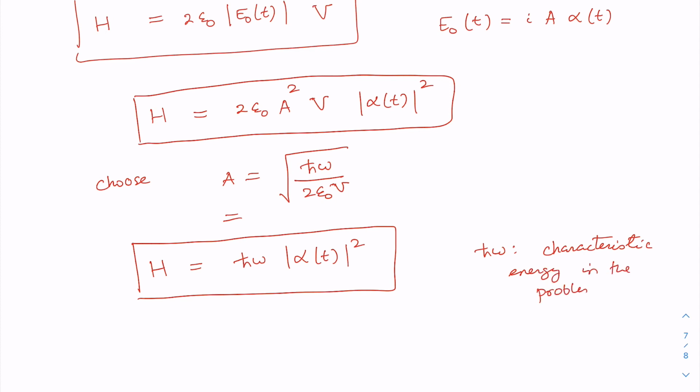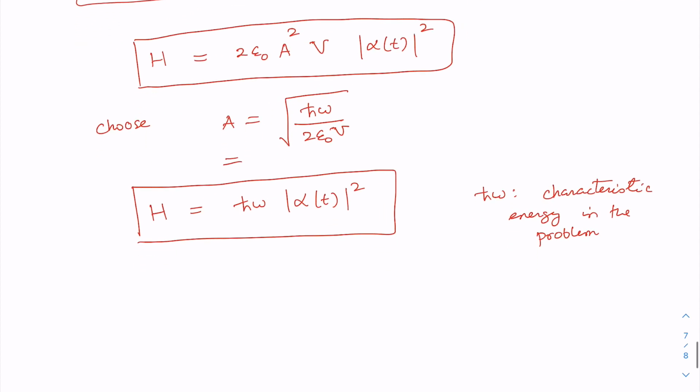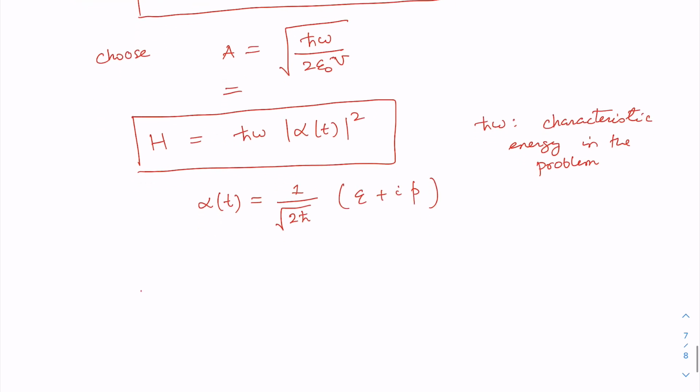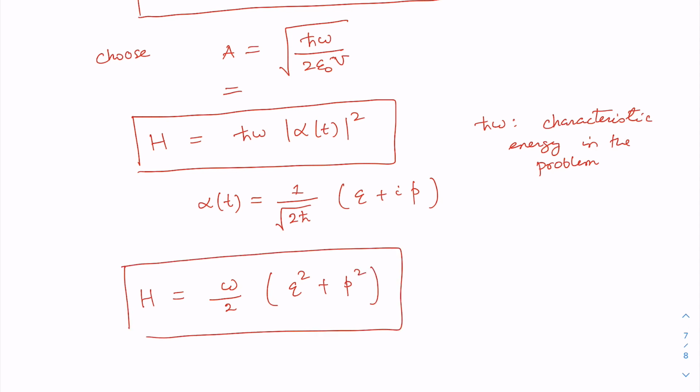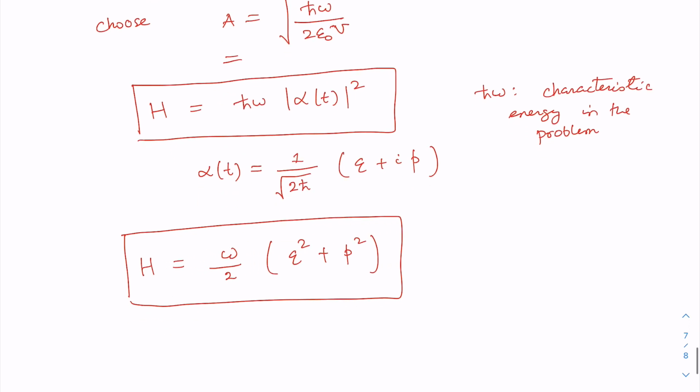Now you know that alpha of t, earlier we defined it by this expression: 1 by square root of 2 h cross, q plus ip. So this Hamiltonian now takes this familiar form, omega by 2 times q squared plus p squared, and you can easily recognize this is the same form that we have for a harmonic oscillator.